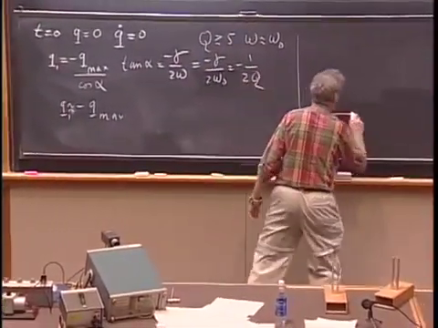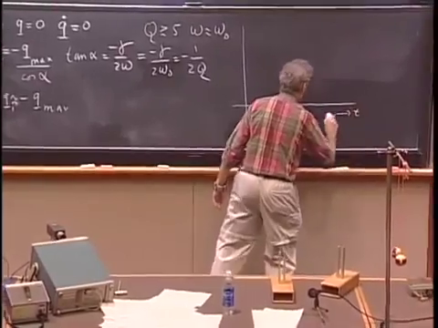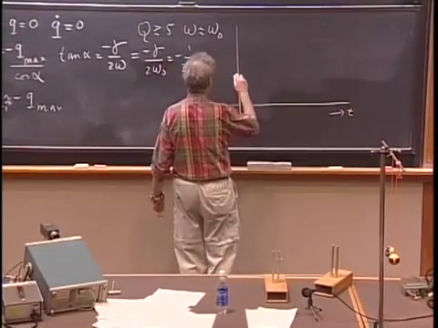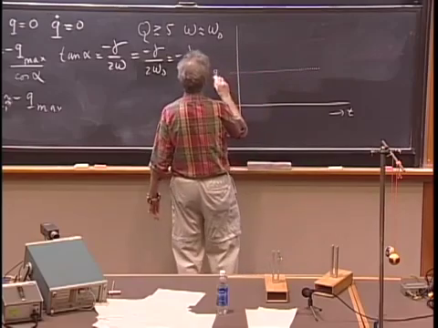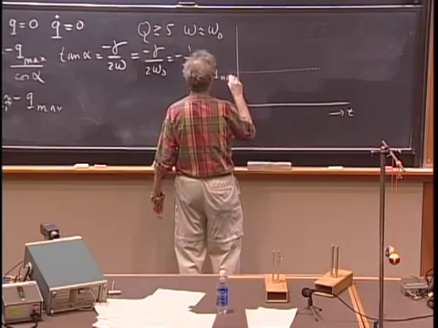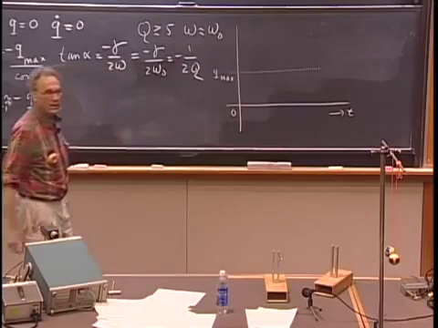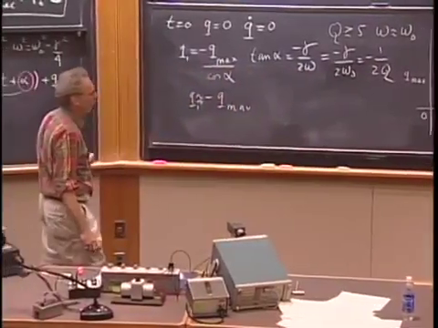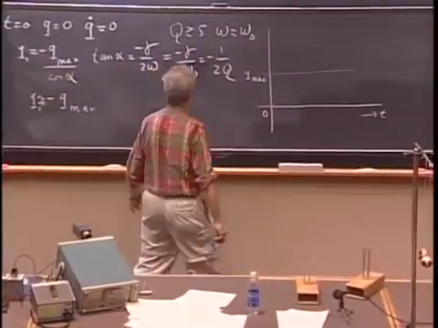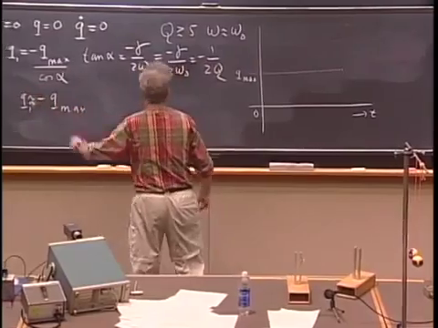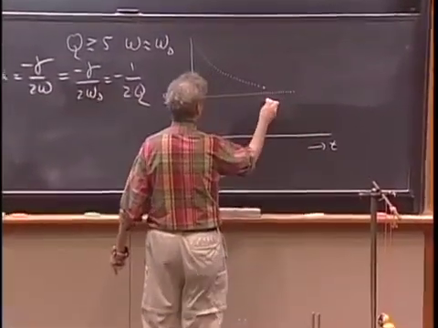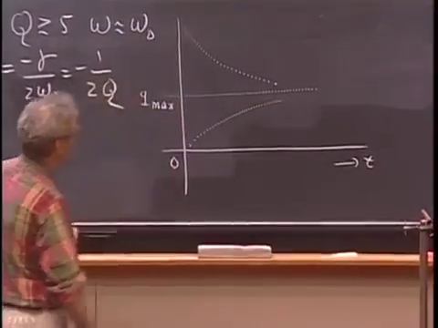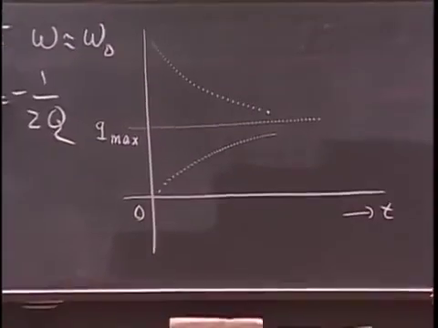So, if this is t, if this is 0, and if this is Qmax, which is where ultimately the charge will be if you wait long enough, then to plot now this equation will then give me a curve like this.